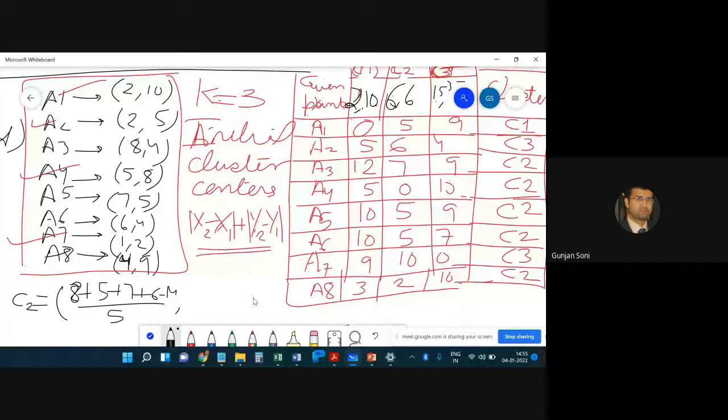But anyway, if you can club a genetic algorithm with these algorithms, like K means, you can escape the local optima and get a better solution.